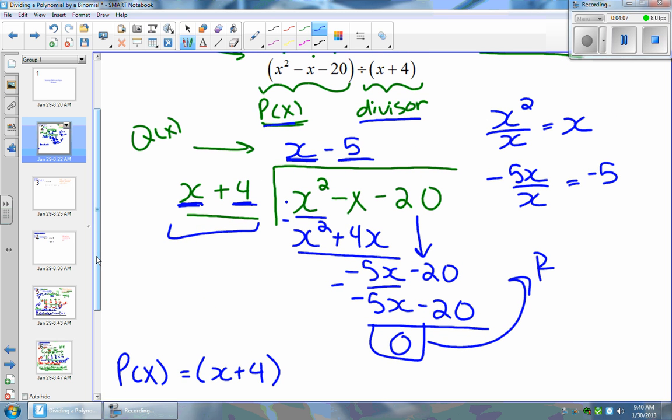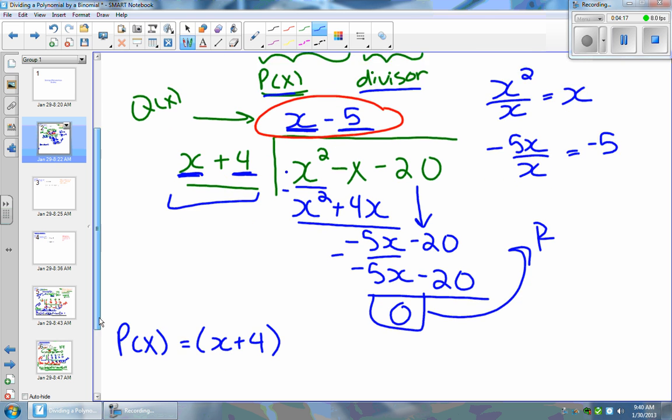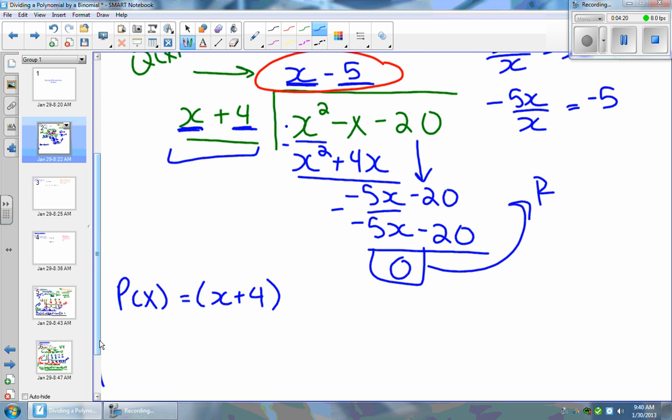If we go back up here, my quotient is represented by the expression on top of the division statement. So to write out my proper equation, x plus 4 times the quotient, which is x minus 5, and you add the remainder, which in this case is 0.